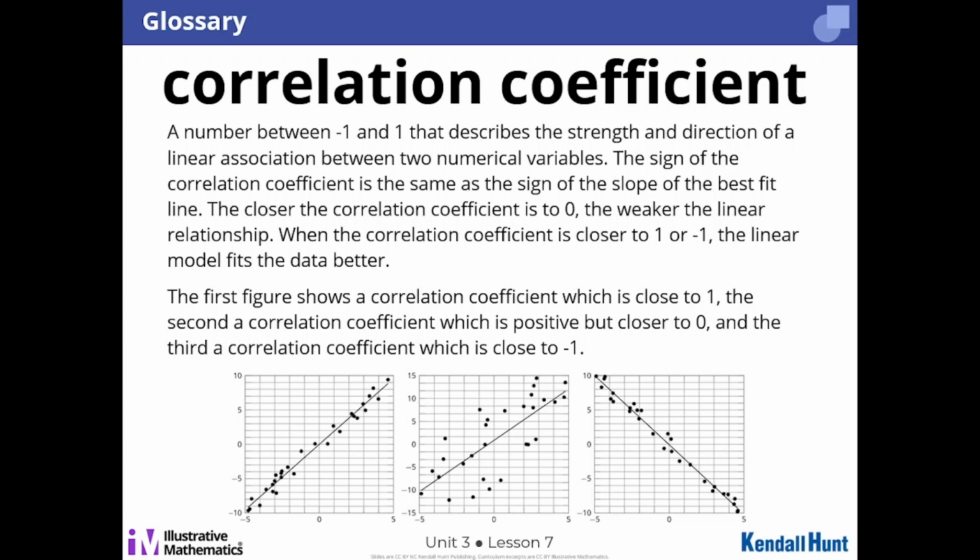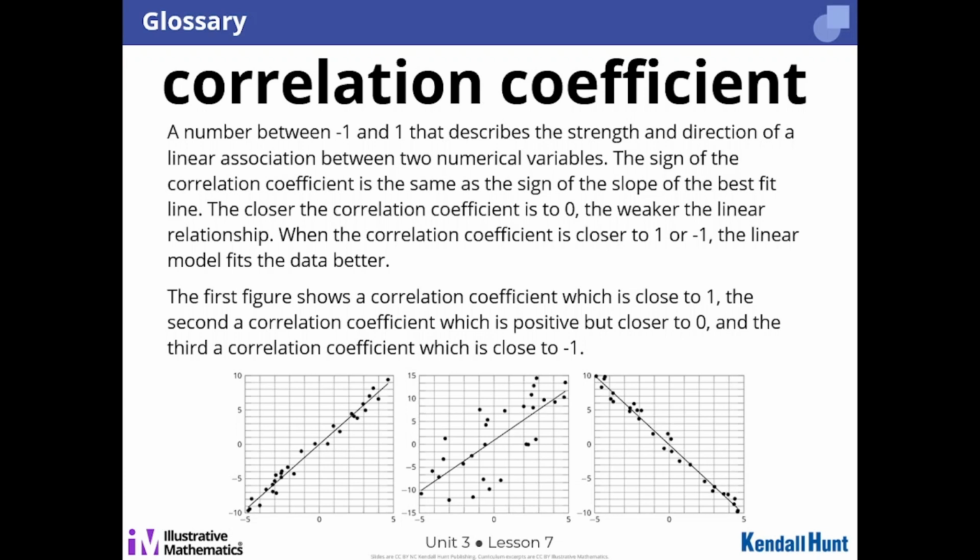The closer these points on the scatter plot look to a straight line, the closer to 1 or -1 you're going to be. 1 if you're going up from left to right and they look really close to a line, or -1 if you're going down from left to right and the points look really close to the line.